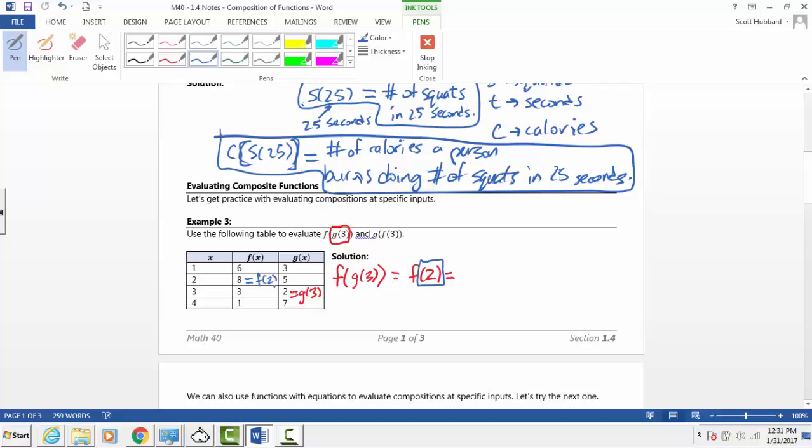Well, it's right here. So f of 2 is equal to 8. And so that means our answer is going to be 8. Okay, so f of g of 3 is equal to 8.